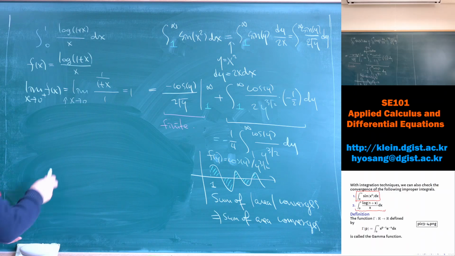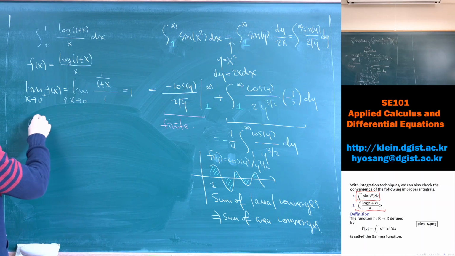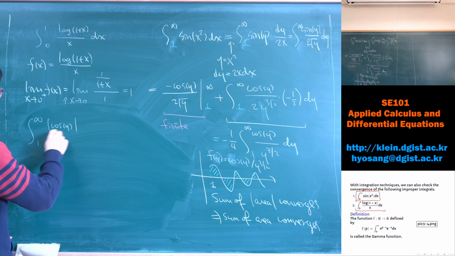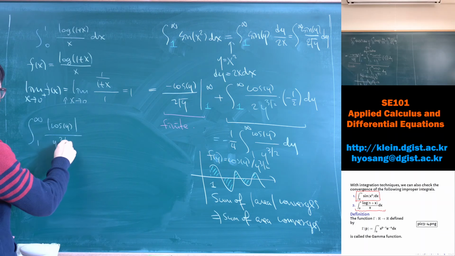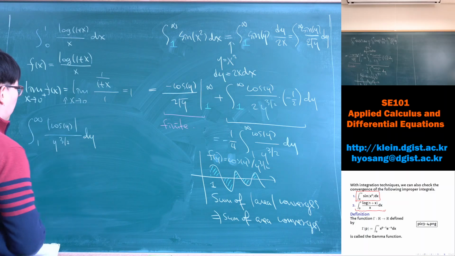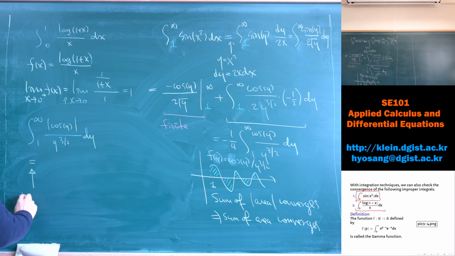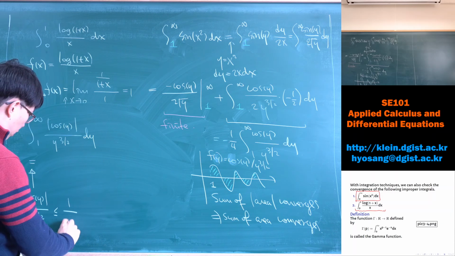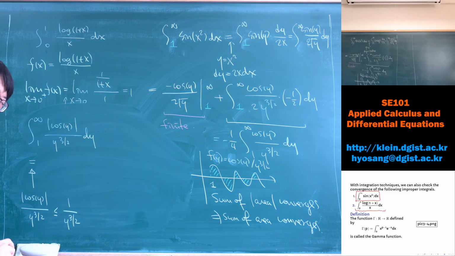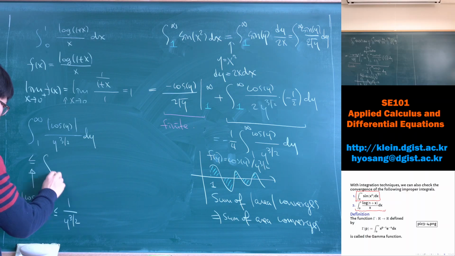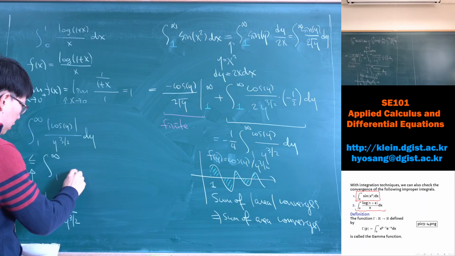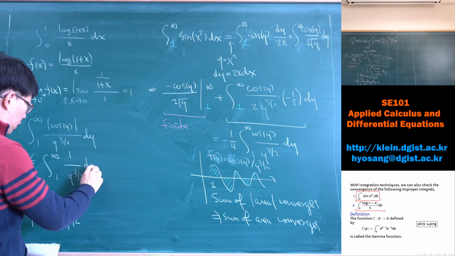So what happens when I take the absolute value? When I take the absolute value of cosine y divided by y to the 3 over 2 dy, let me give an inequality here. So the absolute value of cosine y divided by y to the 3 over 2 is less than 1 over y to the 3 over 2, right? So both are positive functions. So we have the integration less than the integral of 1 over y to the 3 over 2 dy.